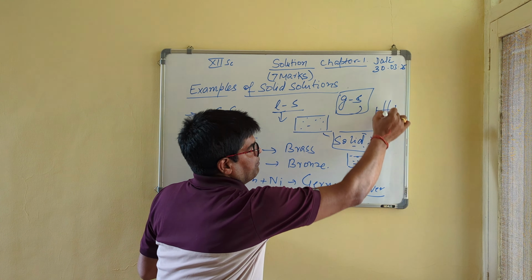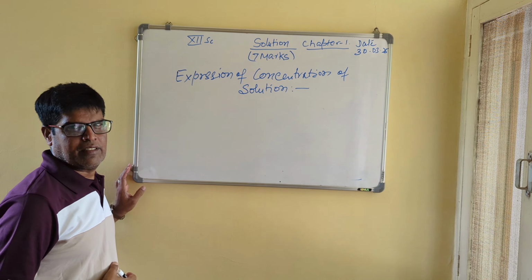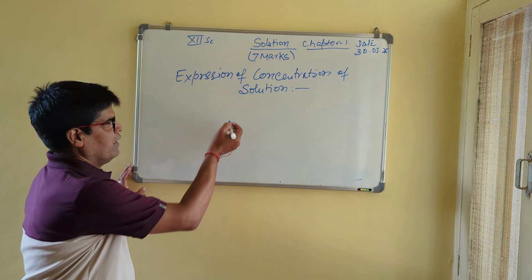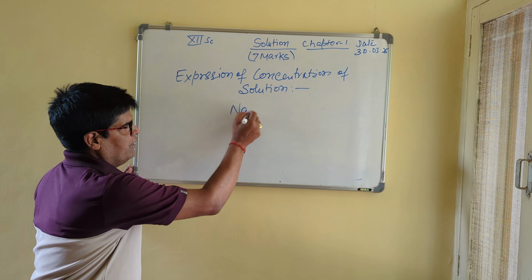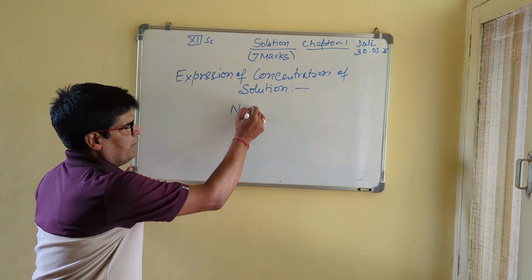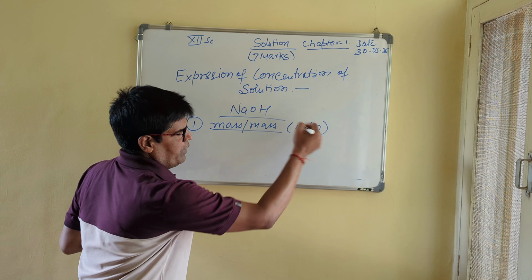Okay. Now we will see the concentration of solutions, how to express it when you get a solution in the market. For example, if you want to purchase a solution of sodium hydroxide in the market, what will we say about the concentration? For expressing concentration, first we see mass by mass concentration, also written W by W or weight by weight.